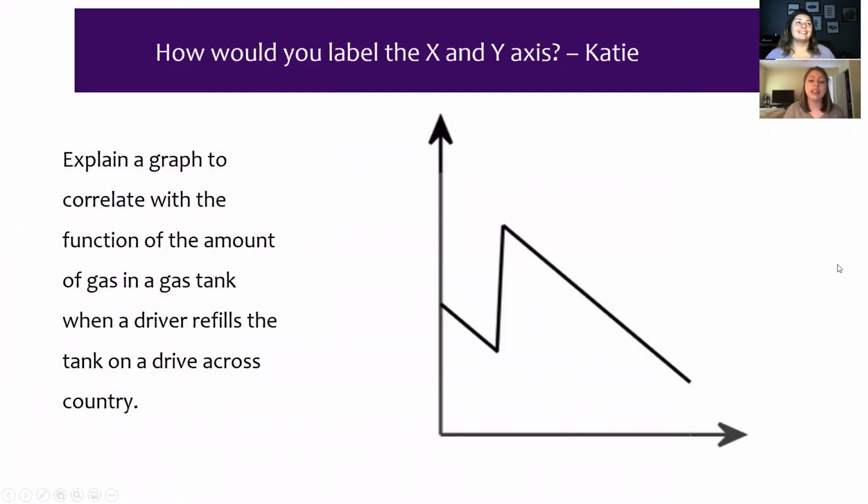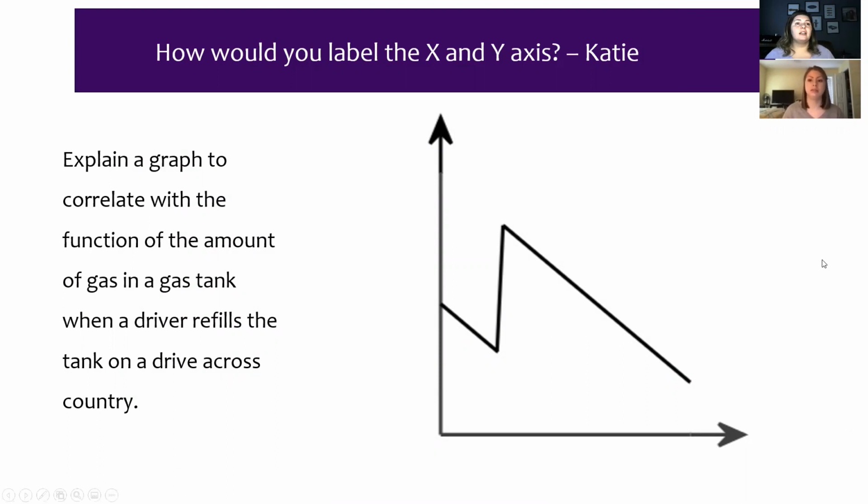All right, so I see here that we have a graph and then we also have a scenario. So Katie, can you demonstrate for us how we would label our X and Y axis? Absolutely, Kim. The way that we would do that, really with any graph, is you just have to look at the scenario that you're given, because it could be anything and it all depends on the scenario.